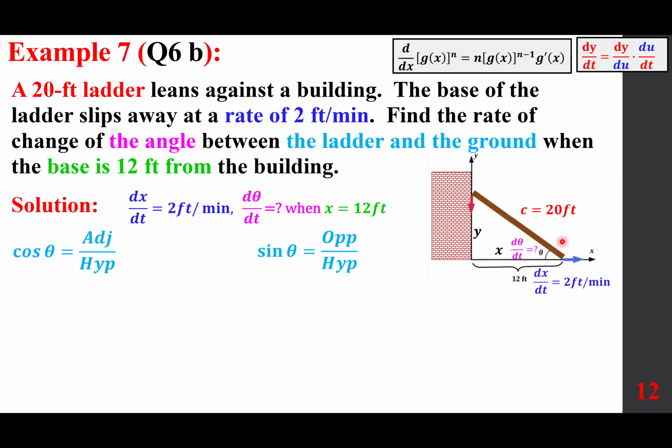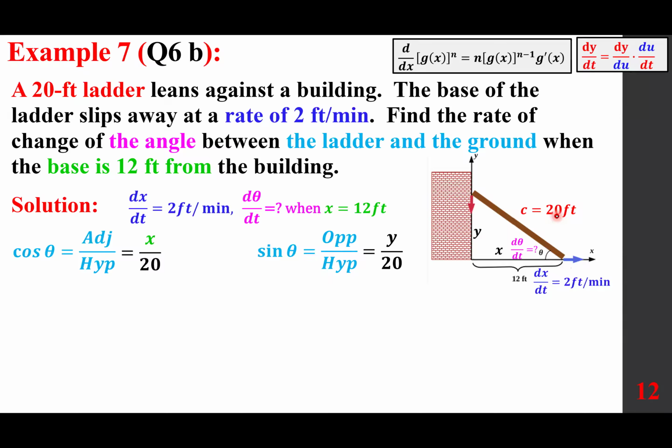So cosine is x over 20, and sine is y over 20. Again, we are looking at information from basic trigonometry.